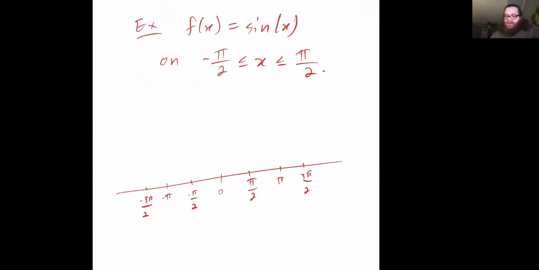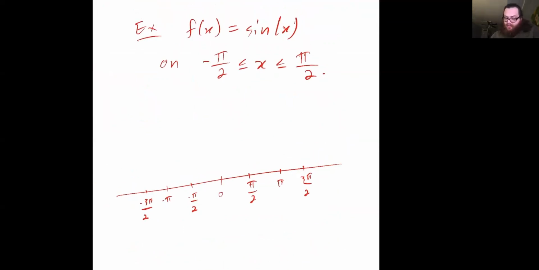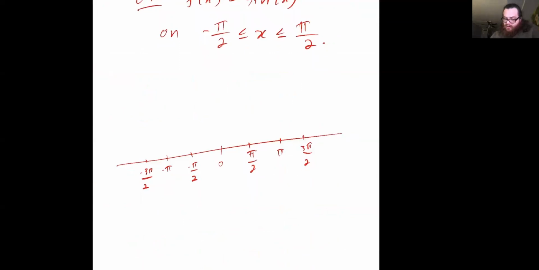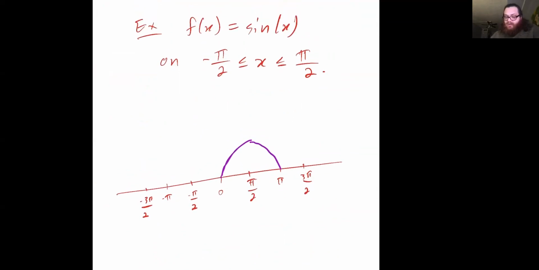So what is sine of x on this interval? Well, sine of x goes like that. If we were sketching sine of x from 0 to pi, then we'd also draw that. But we're only defining sine on the interval negative pi over 2 to pi over 2, so that piece we don't have. Going the other way, it's going to look something like that.